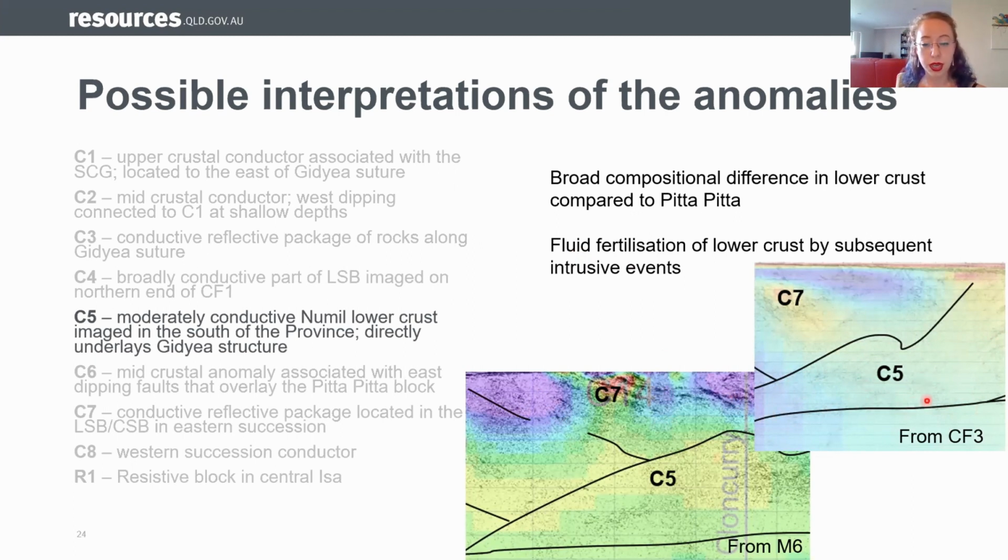That would explain the difference in the lower crustal conductivity. It's also possible that we've had a lot more fluid flux through the lower crust in the east, which could potentially be related to the intrusives that are filthy throughout the eastern succession.